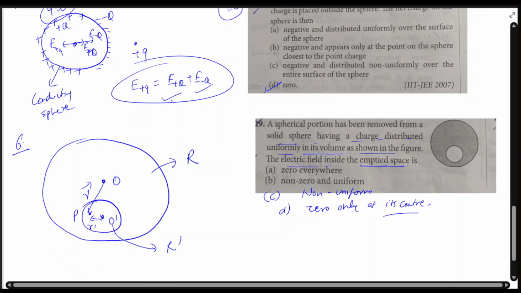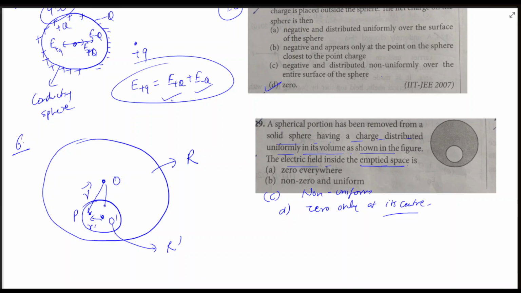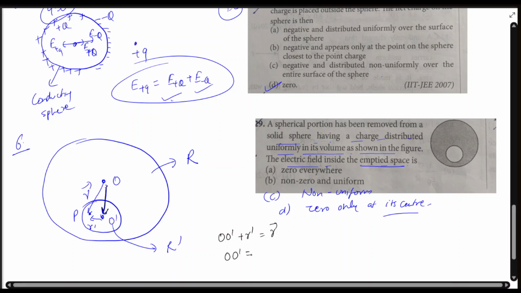So this is our r vector, r dash vector, and this we just call the o dash vector. So we can write o dash vector plus r dash vector will be equal to the r vector. So o dash vector will be r vector minus r dash vector. Are you getting me?